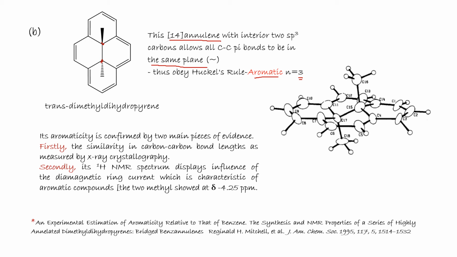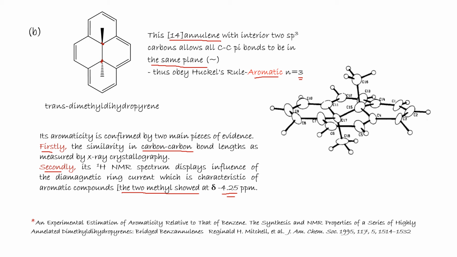Its aromaticity is confirmed by two main pieces again: the similarity in carbon-carbon bond length from X-ray data. Second, the proton NMR displays the influence of the diamagnetic ring current, which is characteristic of aromatic compounds. The two methyl groups showed at upfield, minus 4.25 parts per million.